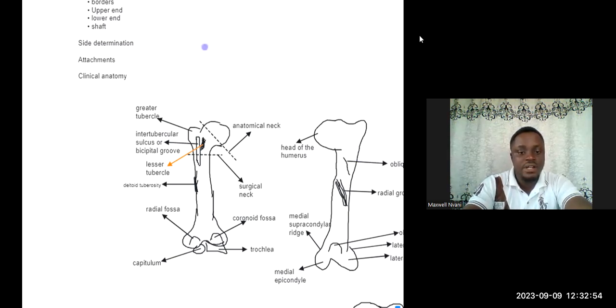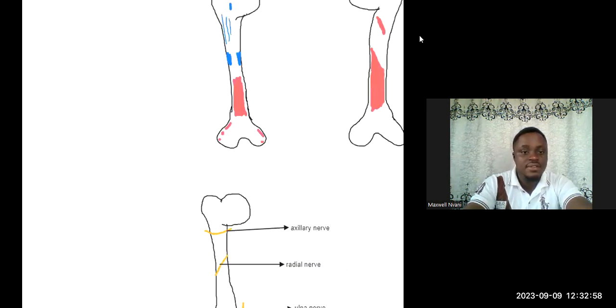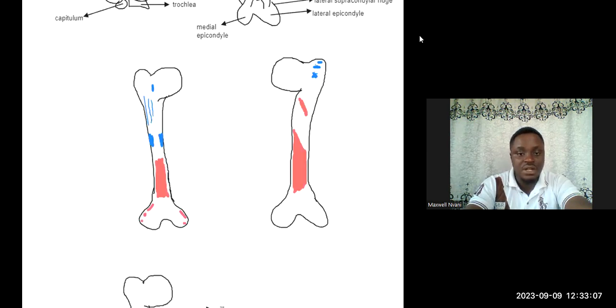These are attachments. All right. You should be able to label these things. Look, this is the greater tubercle with those three impressions, the oblique ridge. This should be the medial head of the triceps brachii. This is the anterior aspect, between two majors. Okay, the lesser tubercle, something is inserted there.